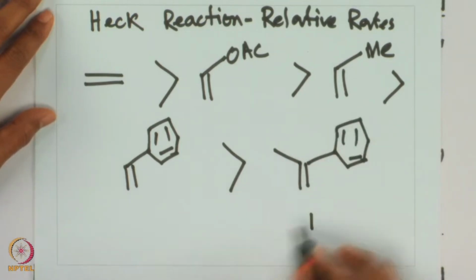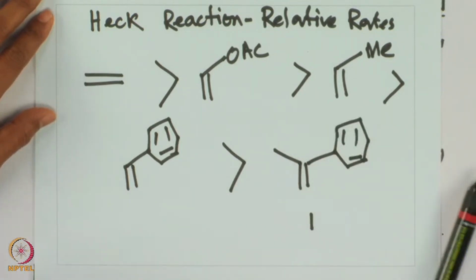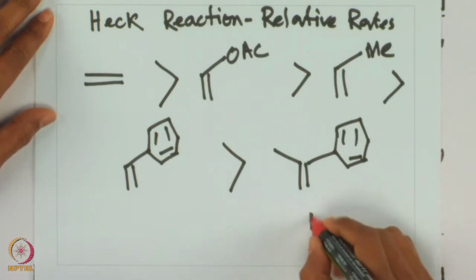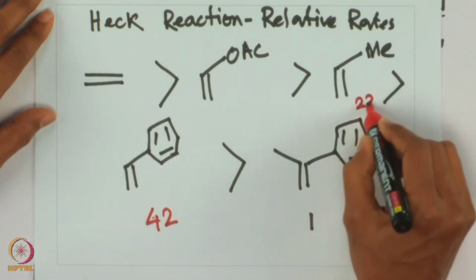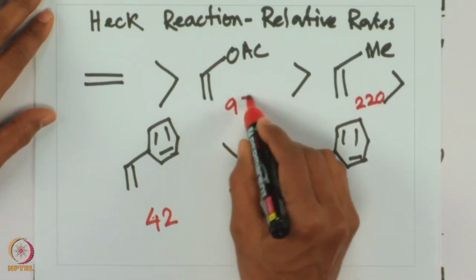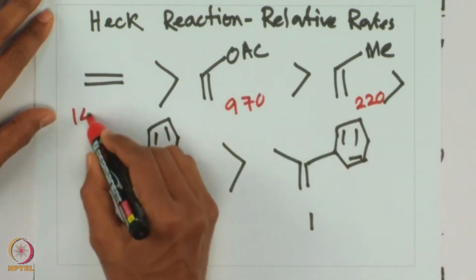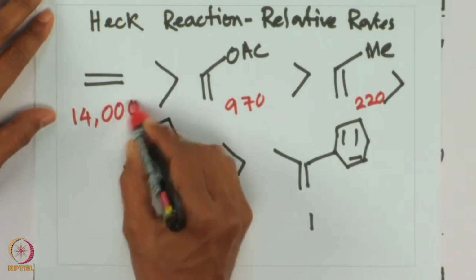The relative rate, if you are putting this to be 1, and with respect to that, this is 42, this is 220, this is 970, and this is a huge 14,000.